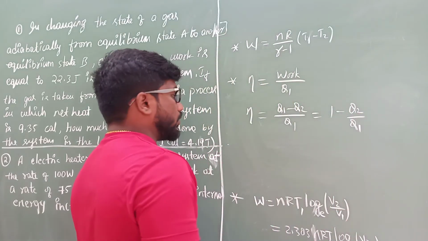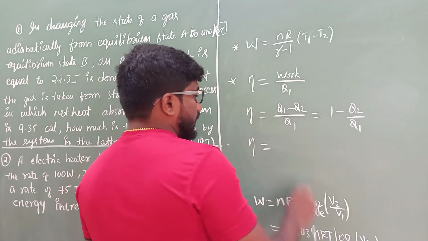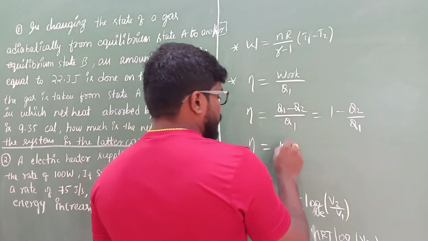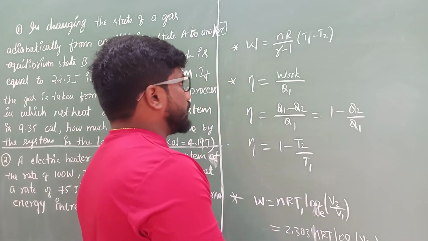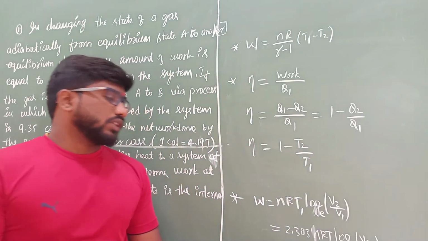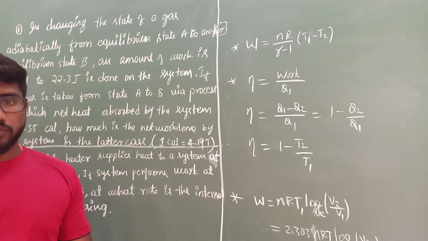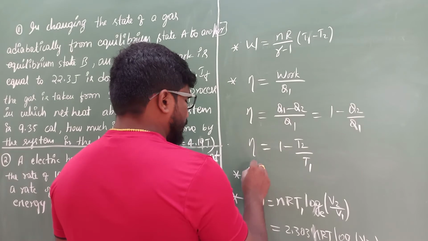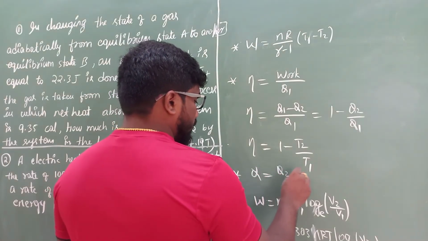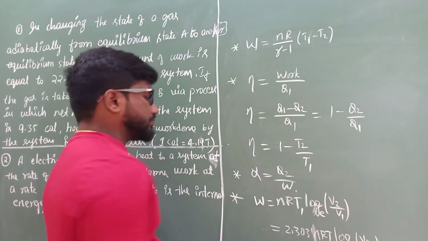Similarly for the Carnot engine, in terms of temperature you will get 1 minus T2 by T1. Any formula can be used depending on the numerical. And the last one is coefficient of performance: alpha is equal to Q2 divided by W.